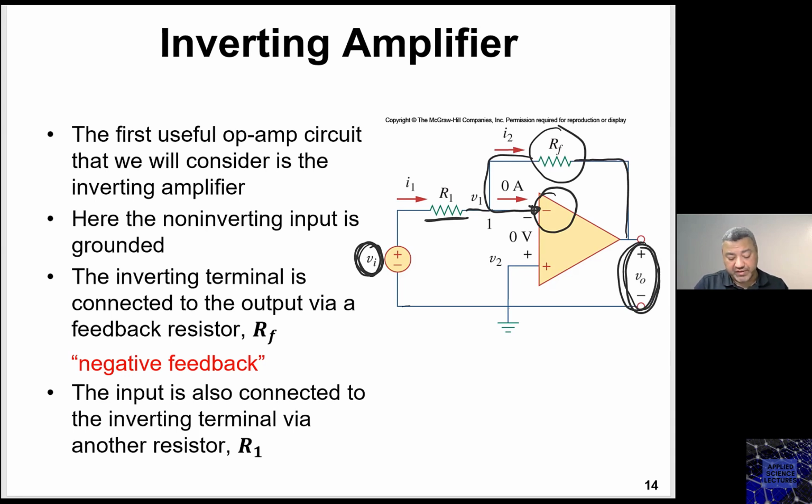Notice that they have the same reference, right? They're connected to the same ground. And notice that V2 is connected to the reference. What does this mean? This means that V2 here, which is the V plus, equals 0. Is that right?